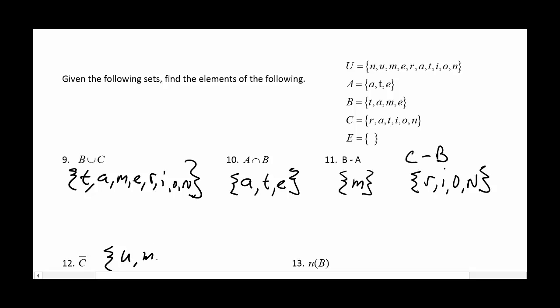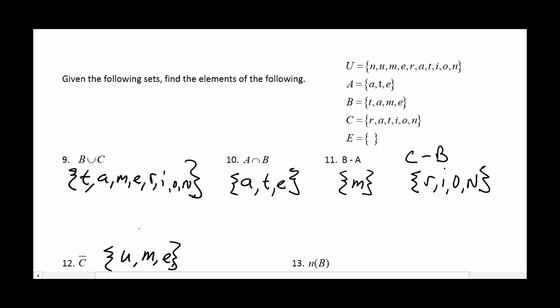M is not in C. Sorry, M, make sure I'm very clear about that. M. Let's see what else. E is not. R is. A is. T, I. So the rest of that is. Okay, so those are the only things in the complement of C, those three letters.